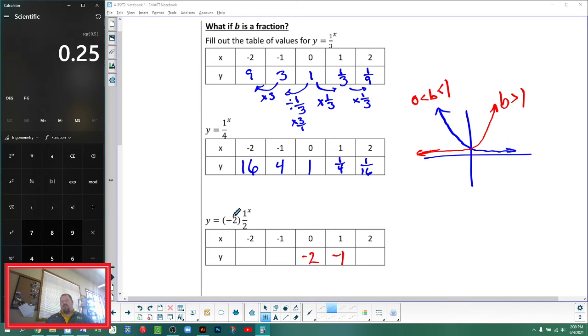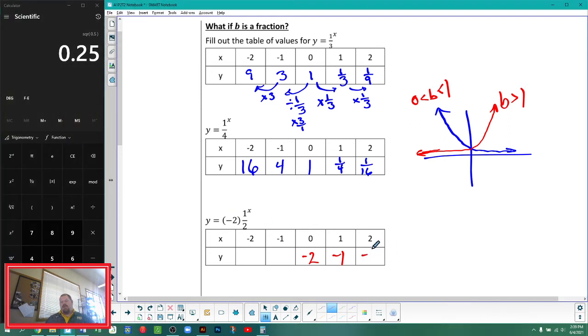And 1/4 times negative 2 would be negative 2/4, or negative 1/2. So in this pattern, I am really starting at negative 2, and multiplying by 1/2 going this way. On this way, I would divide by 1/2, which is like multiplying by 2. And so I get this pattern.